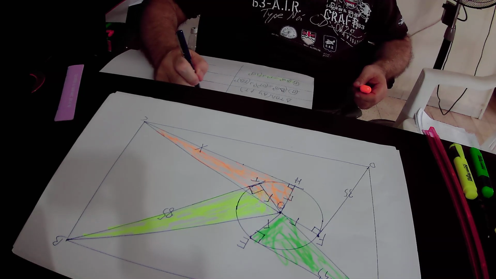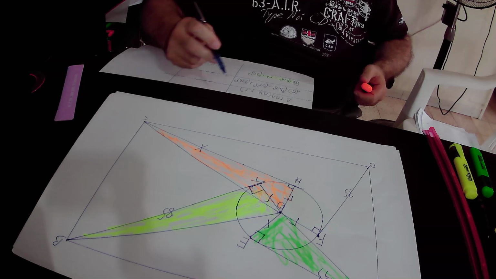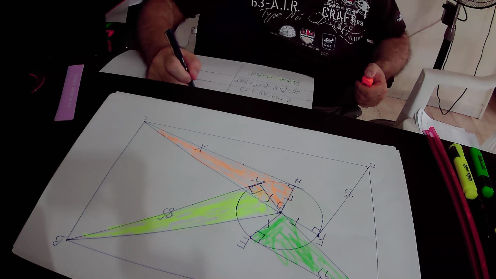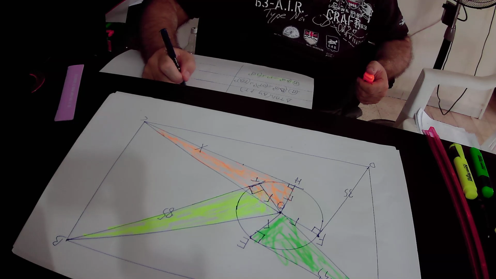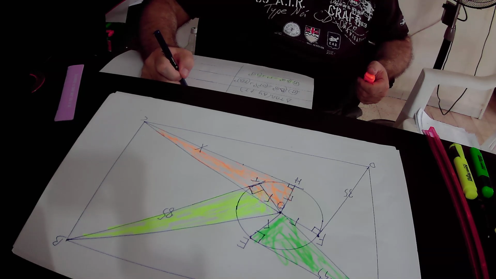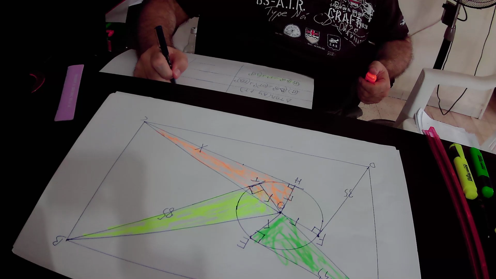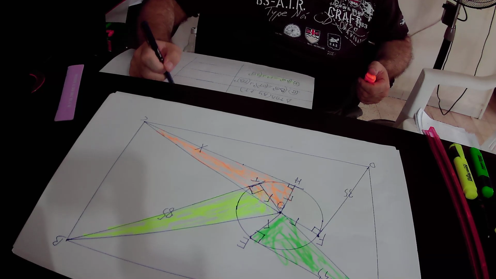According to the Pythagoras theorem, on the right orange triangle, edge OC, CO squared equals edge O squared plus edge C squared.